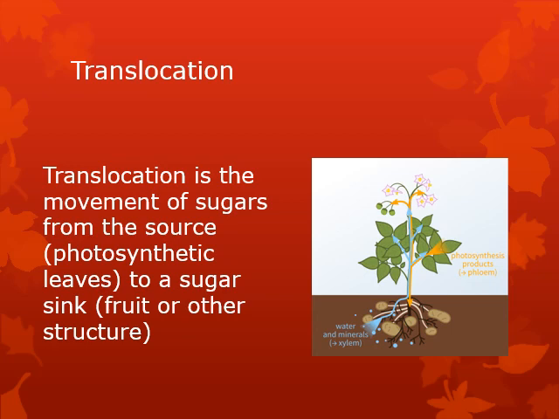So a sugar sink might be down by the roots. It might be that super sweet sugar-filled ovary of a fruit. Who knows? Wherever the sugar is going, that's called a sugar sink. So the sugar source is the leaf. The sugar sink is going to be a fruit or other structure in the plant that requires a lot of sugar in it.